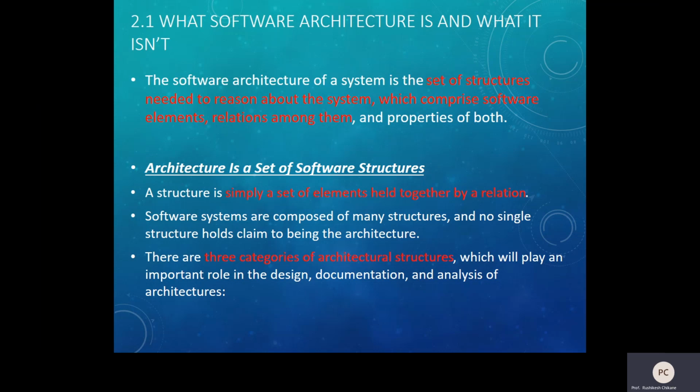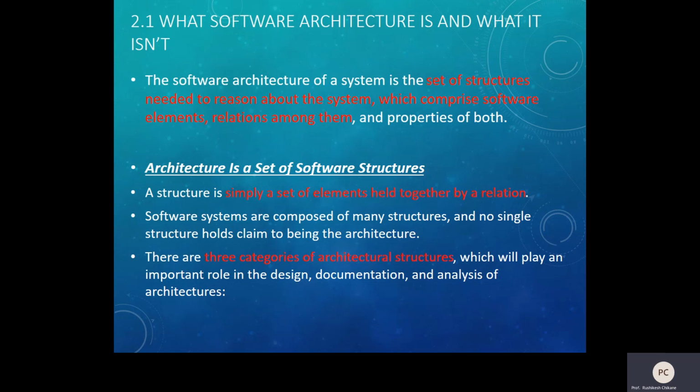The building has 1 BHK, 2 BHK, and 3 BHK flats, every flat has a different structure, but a building combines all those structures and makes a complete building. The same thing is followed in software architecture.